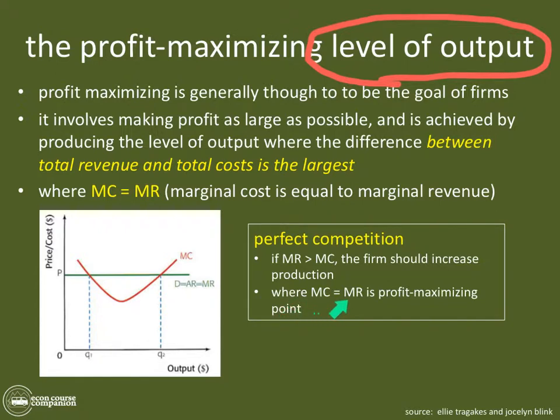Where MC equals MR, it is the profit maximizing point, or the profit maximizing level of output, which is going to be Q. All right, so check out the videos on the construction of the revenue curves. In perfect competition, you have a perfectly elastic revenue curve, which is price equal to demand, equal to average revenue, equal to marginal revenue.